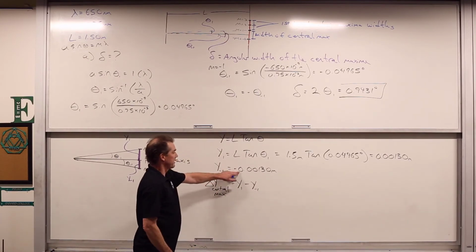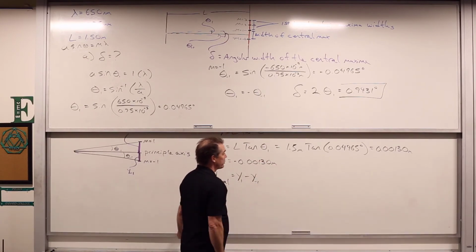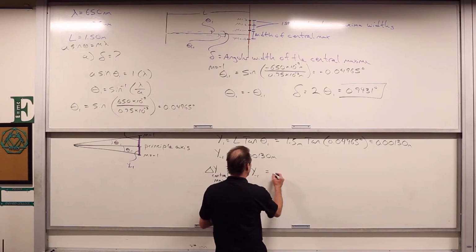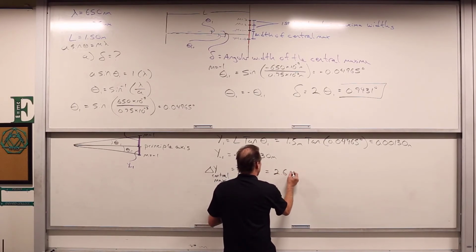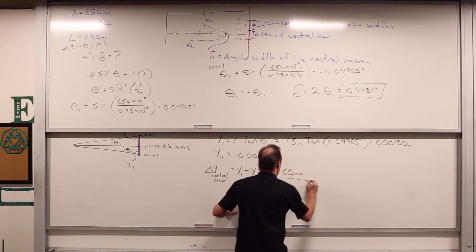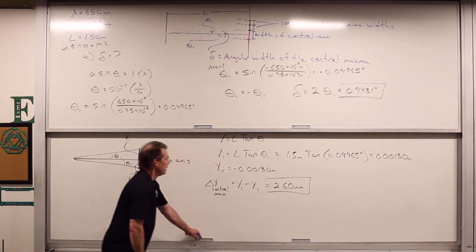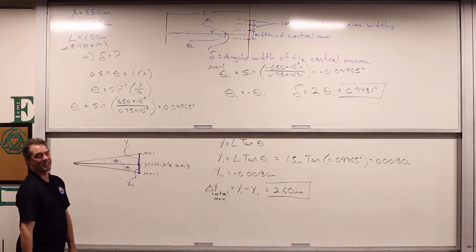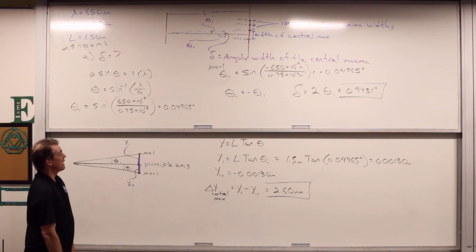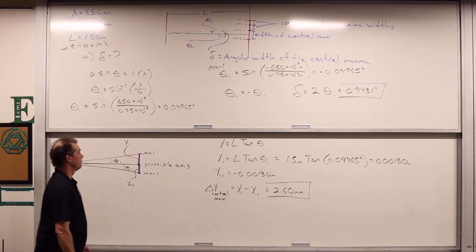Take the difference between them because this one's negative, and we're just going to get 2 times that, which is going to be equal to 2.60 millimeters. There we go. There's the width of the central maxima. Fantastic. Linear width.